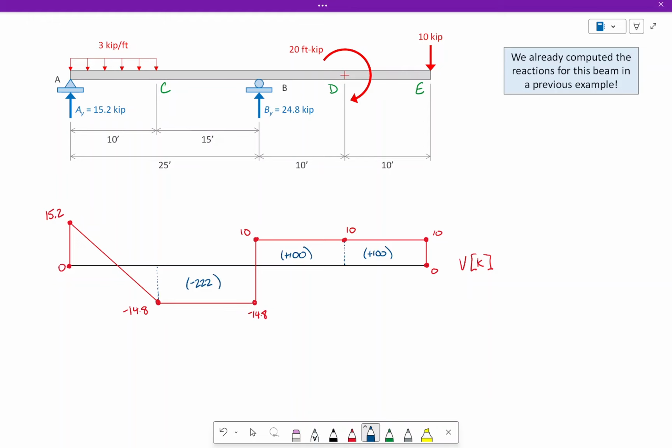Well, let's ask it this way. What's the slope of this line? The negative 3, because that's the magnitude of the distributed load. So what I need to do is figure out this distance right here, and I need to figure out this distance right here.